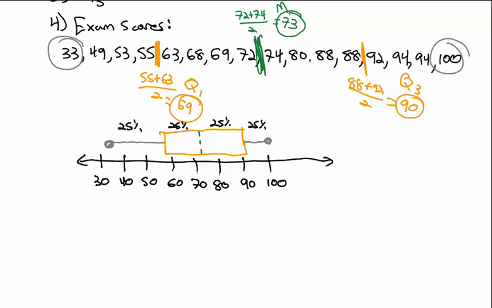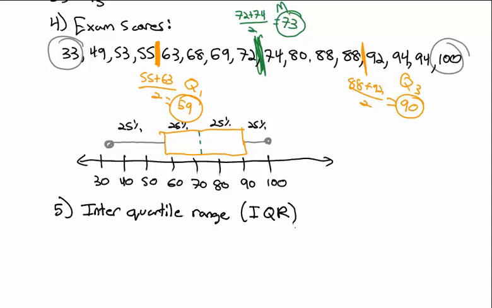Now, speaking of box plots and quartiles, that opens the conversation about what is called the interquartile range, or as we like to call it, the IQR. Basically, how big is that interquartile? How much is between each of those quartiles? How much is in that middle 50%?